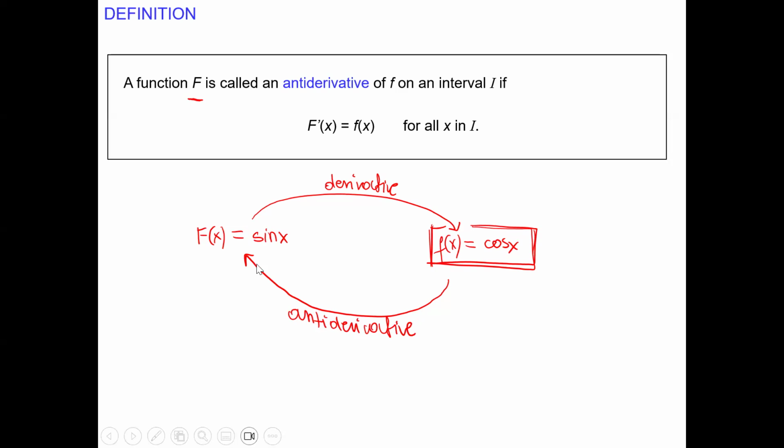Somebody might ask, why is the antiderivative for cosine sine? Because the derivative of sine is cosine. It's actually a beautiful circle. The derivative for sine is cosine, and the antiderivative for cosine is sine of x.